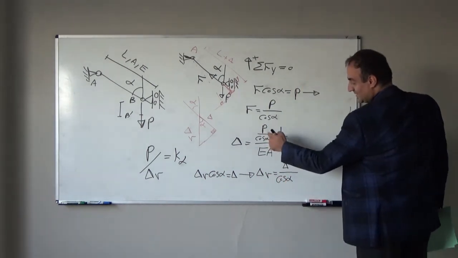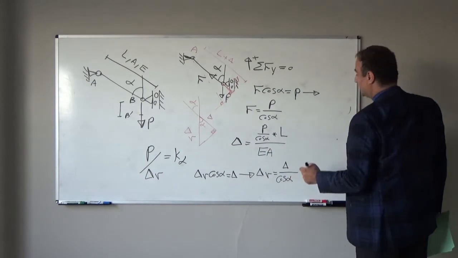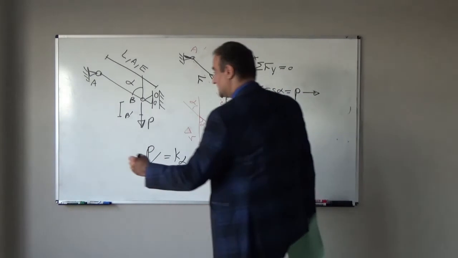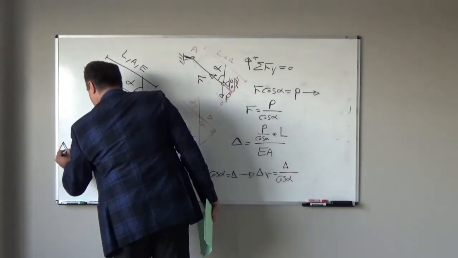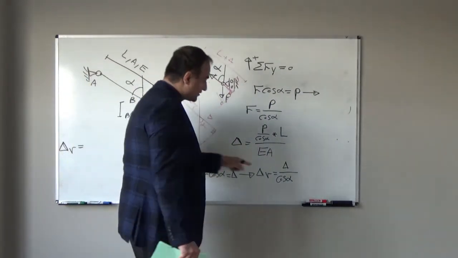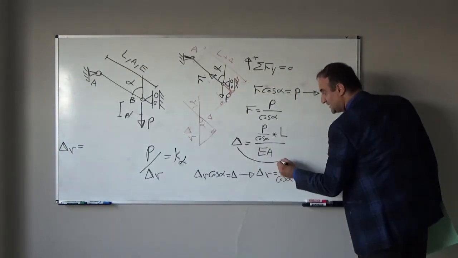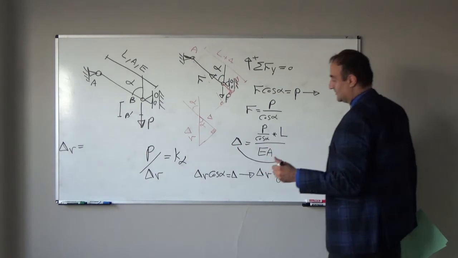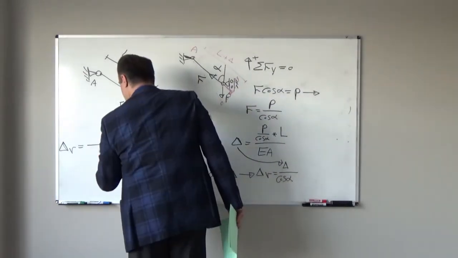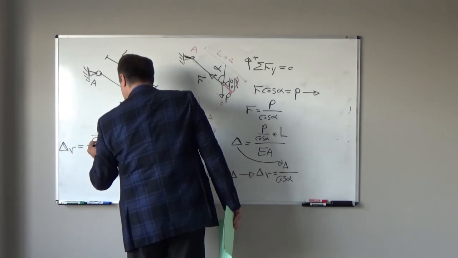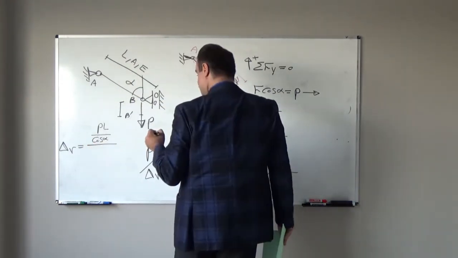Because I have delta, if I plug it here, delta V is equal to delta. Instead of delta, I plug from here. I will write PL over cosine alpha.